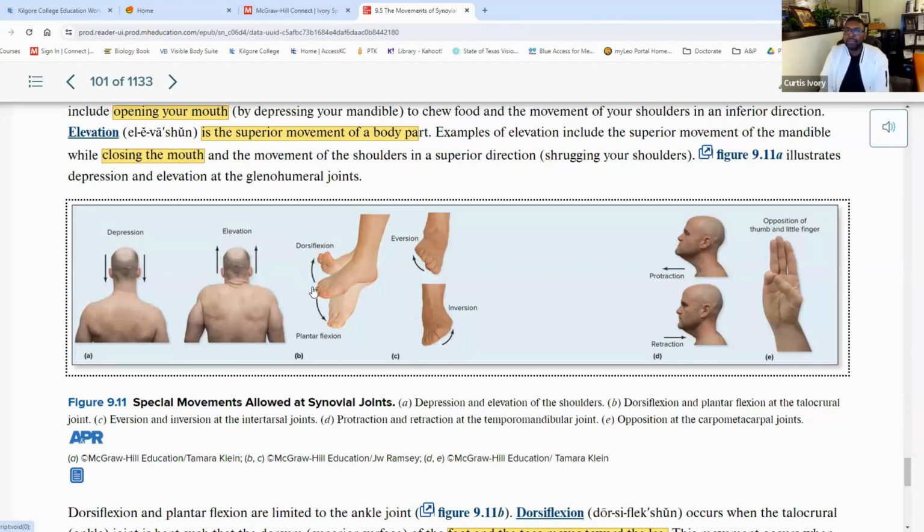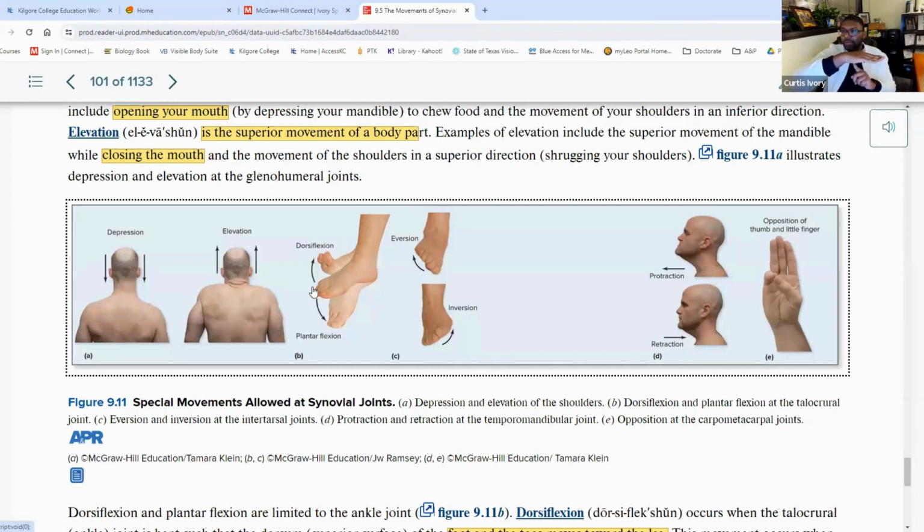Dorsiflexion and then plantar flexion. We remember from regions, this is the dorsum of the hand, right? So dorsum would be the back of your hand. If I redo this angle again, this angle is 180. If I flex, it means I'm going to decrease that angle. I went from 180 to 90. That is dorsiflexion because the dorsum of my hand is flexing.